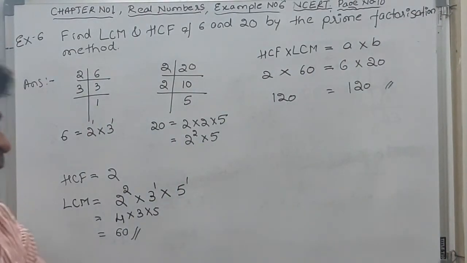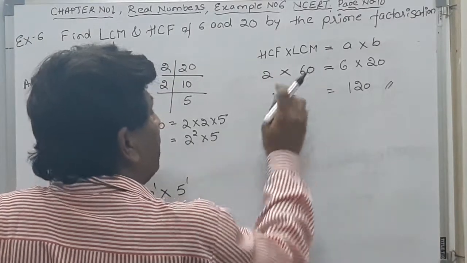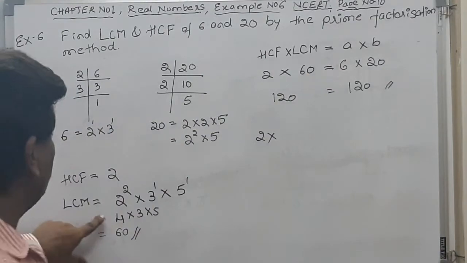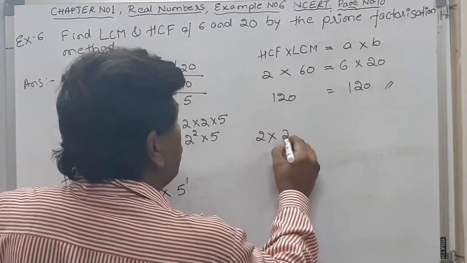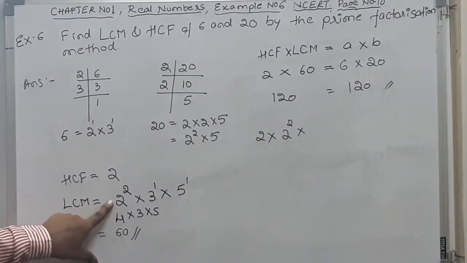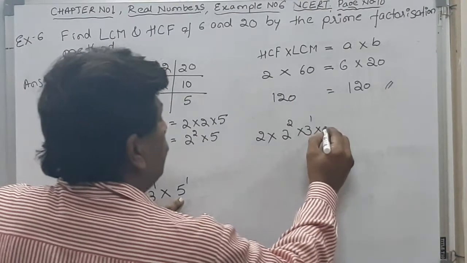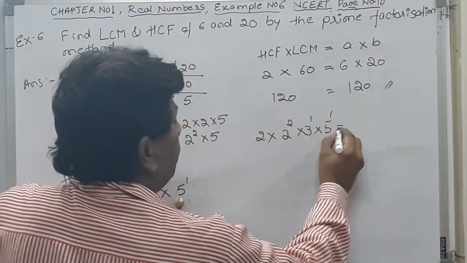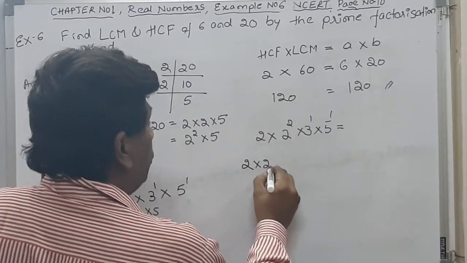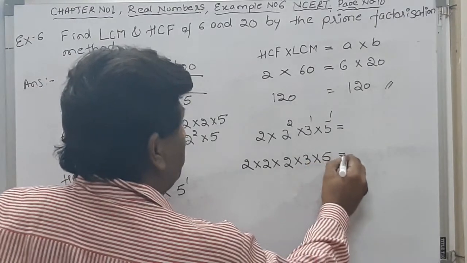How is it possible? See here, friends, HCF is 2 and LCM is 60. The prime factors of 60 are 2 raised to 2 into 3 raised to 1 into 5 raised to 1, which means 2 into 2 into 2 into 3 into 5.